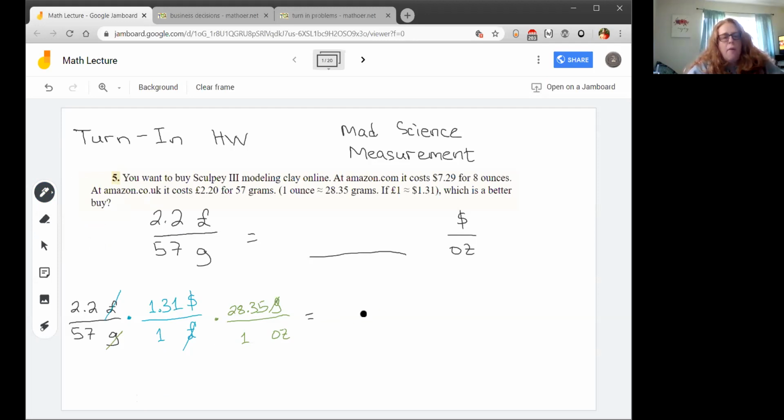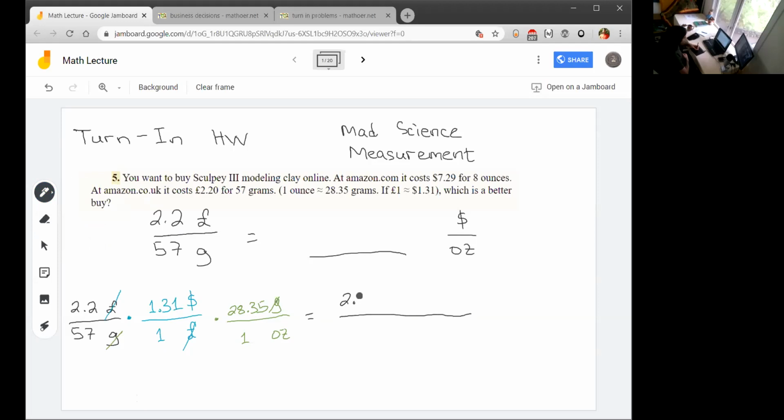Multiply across. So we have 2.2 times 1.31 times 28.35 and 57 times 1 times 1. On top, all that's left is dollars. That's what I want. On the bottom, all that's left is ounces.